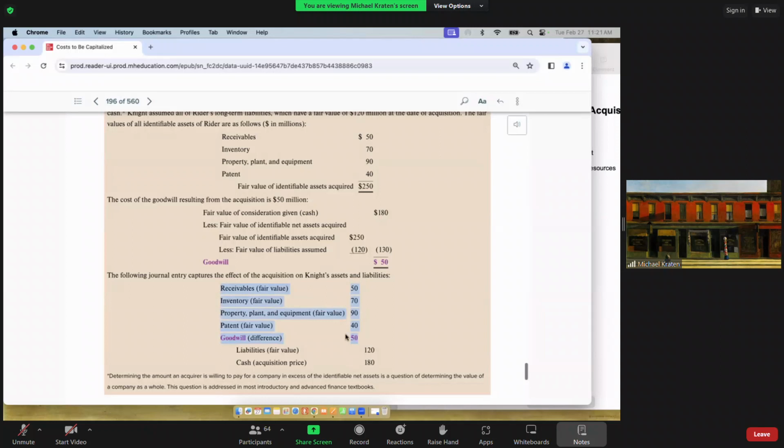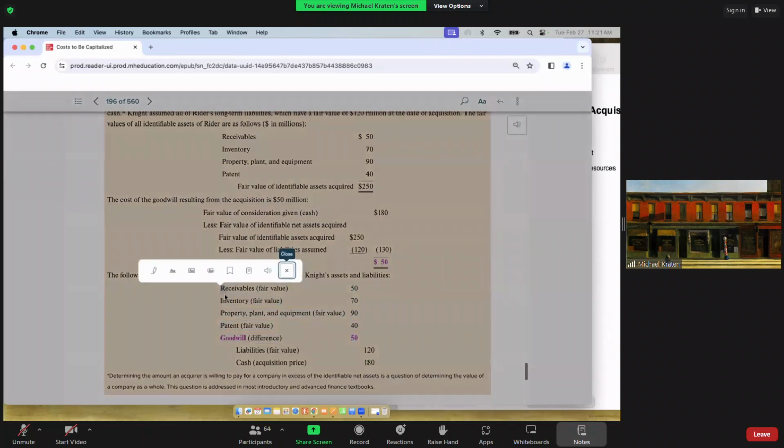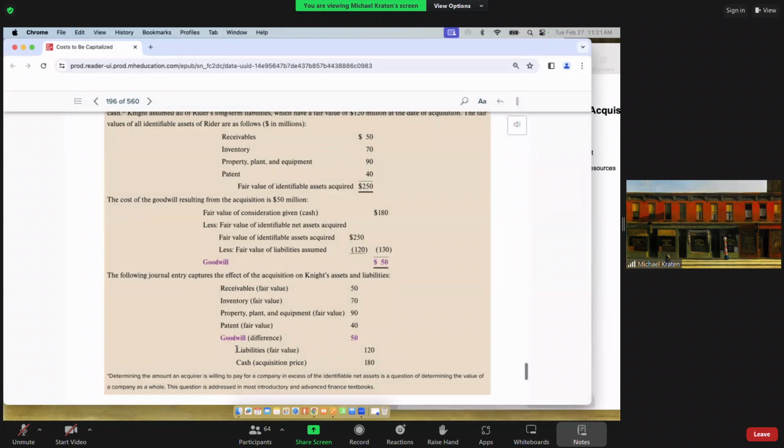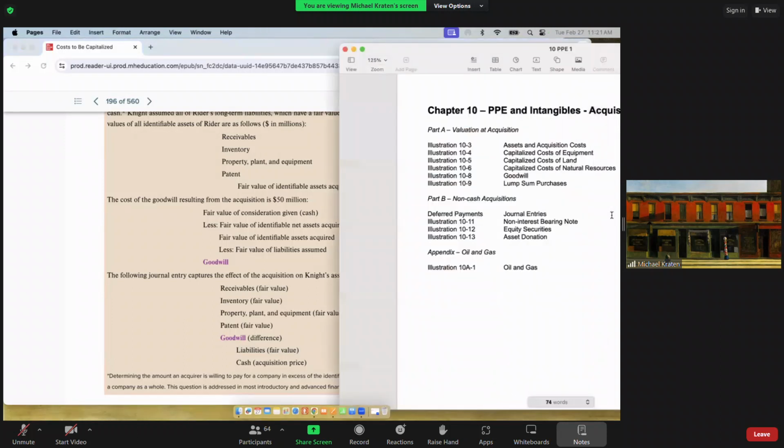In reality, though, you're buying total assets of 300, including goodwill. You're assuming and will pay total liabilities of 180. Assets in total, including goodwill received, 300, minus liabilities received of 120 equals amount paid, 180. That's the way that I usually approach this kind of problem.